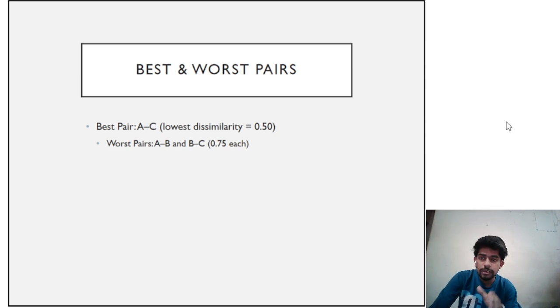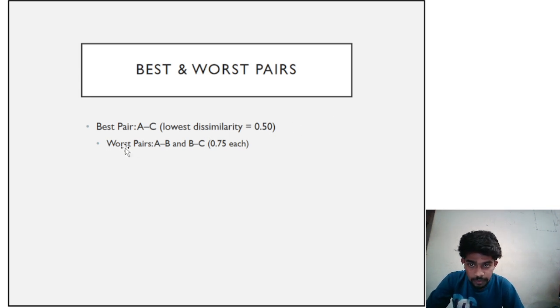So based on these values, we can identify collaboration quality. The best collaboration pair is one with the lowest dissimilarity, which is A and C with a score of 0.5. As I said, the worst collaboration pairs are AB, BC, with a dissimilarity of 0.75. So at this point, skills suggest that AC is clearly the most compatible pair.